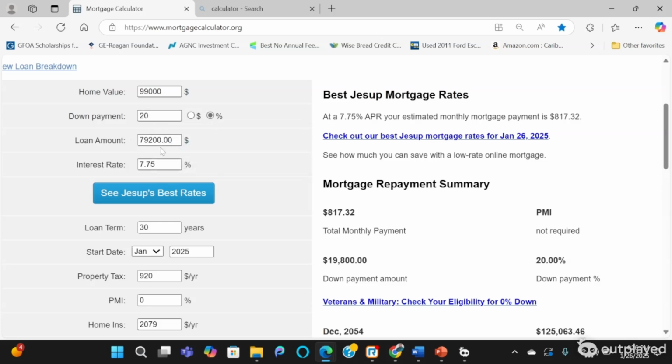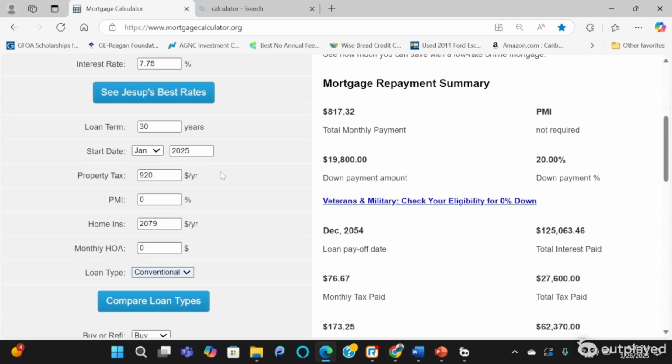That's $19,800, which leaves a loan balance of $79,200. If the interest rate is 7.75%, and understand that interest rate is going to be higher because it is an investment property and not a primary home. And let's say it's a 30-year loan term, and the start date is January 2025.